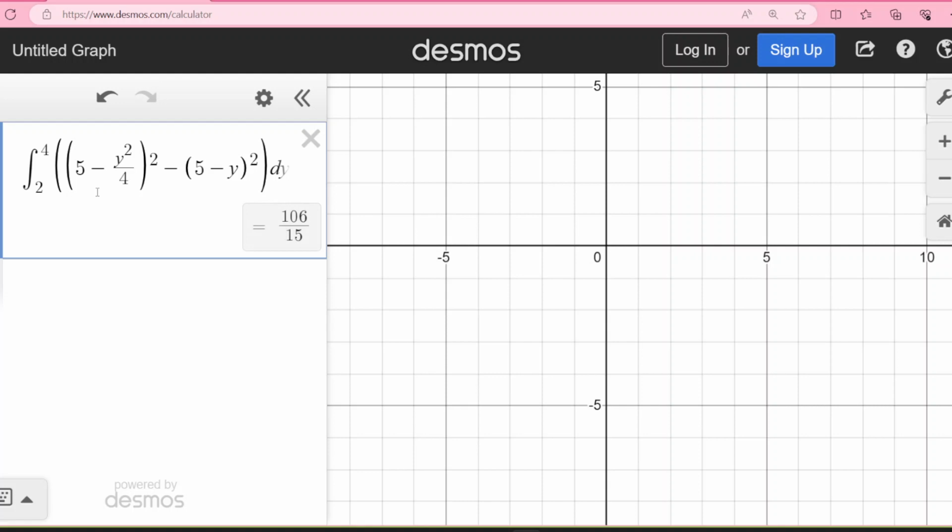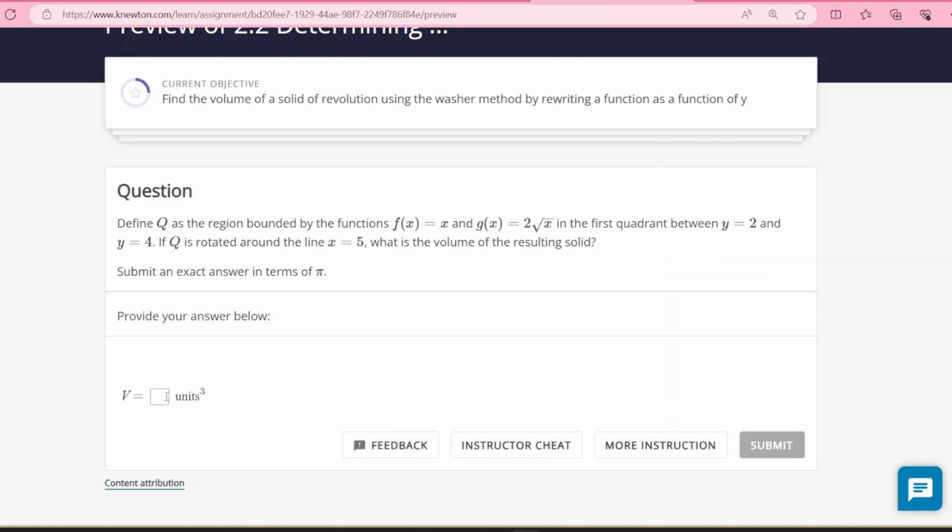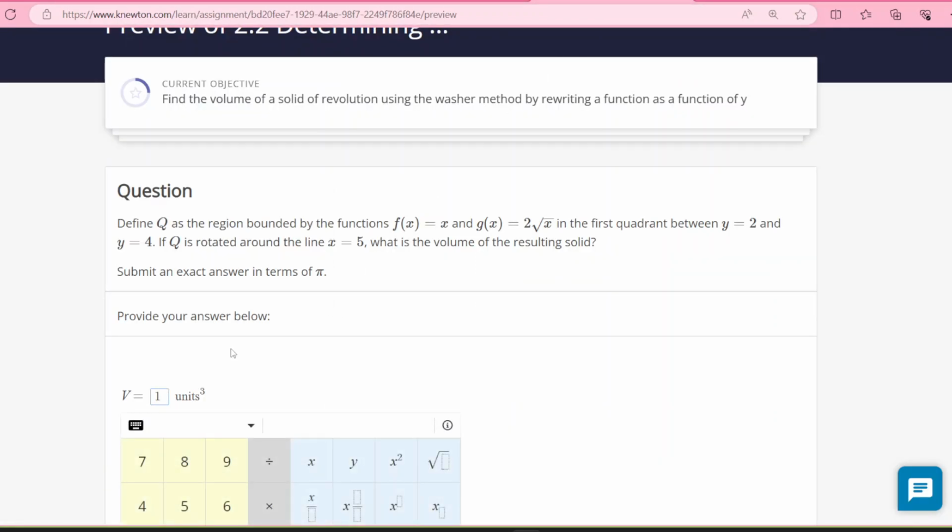Right, so that's 106 fifteenths times pi, so 106 pi over 15. I'm just double checking to make sure I typed everything correctly. So 106 pi over 15 for the volume of the shape created there.